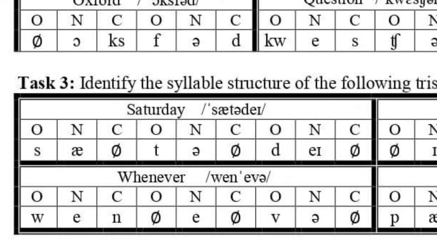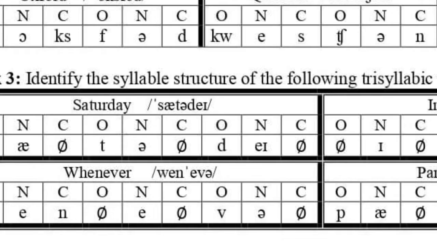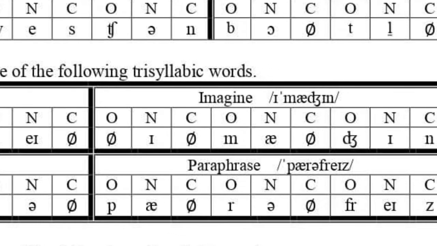The coda is 0 coda. The second syllable is tur, so the onset is t, and the nucleus is the schwa, and the coda is 0 coda. The third syllable is composed of the onset d, the nucleus is the diphthong a, and the coda is 0 coda. Saturday.